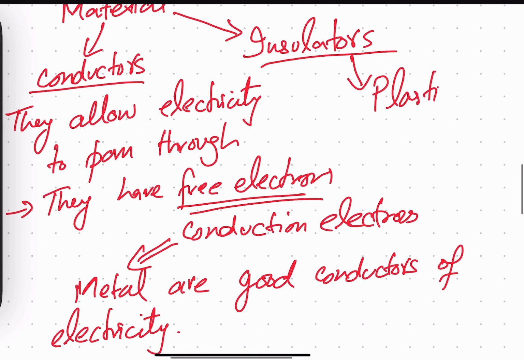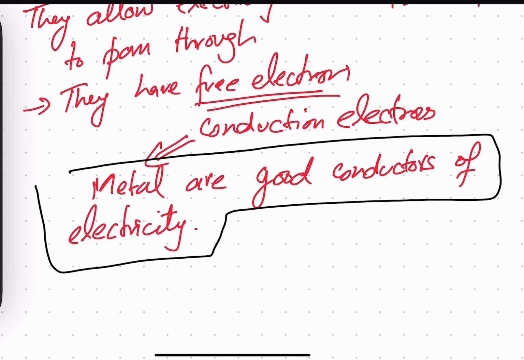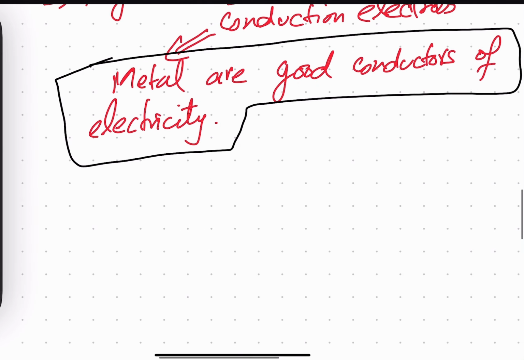There are many other examples like wood, because they don't have any free electrons. So we are interested in conductors, materials that have free electrons to conduct electricity.